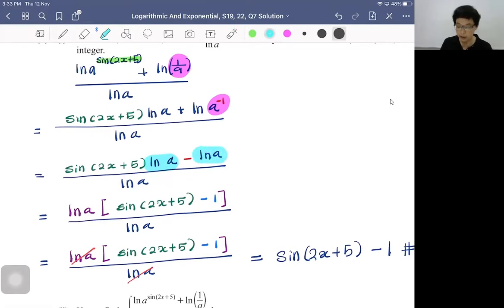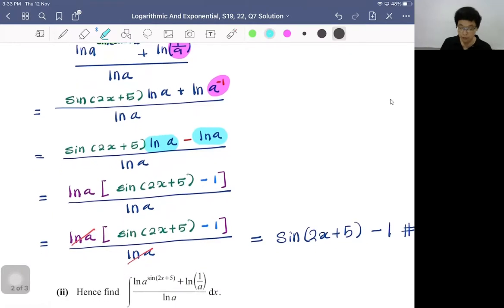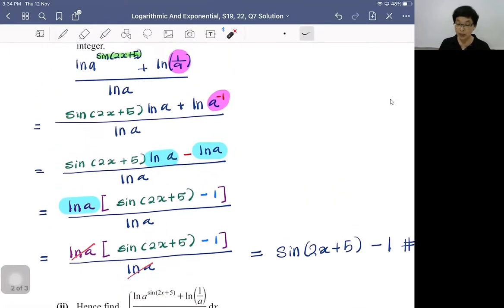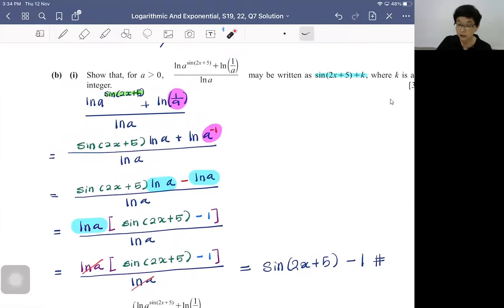The second term of the numerator also has ln a. Therefore, it crosses our mind that we can factor out the ln a, leaving us with the bracket sin(2x plus 5) minus 1. From there, we are getting closer to the statement that they want us to make.